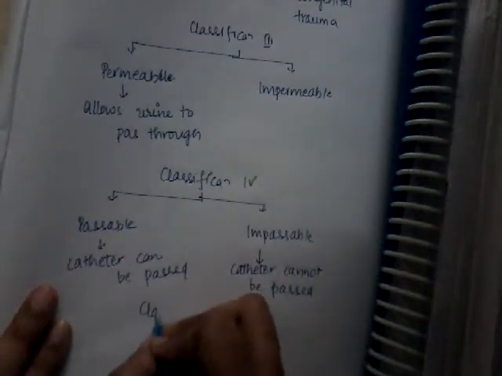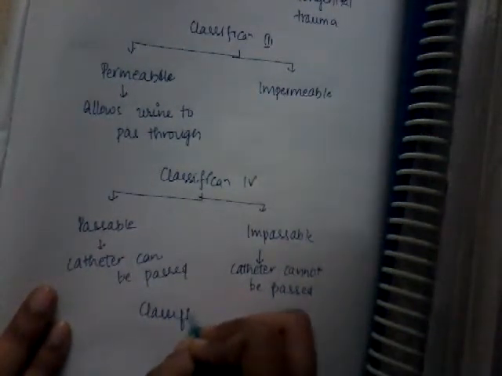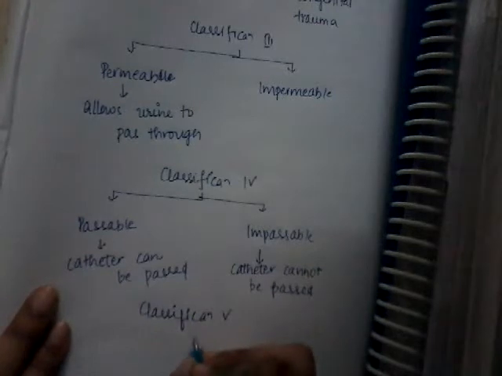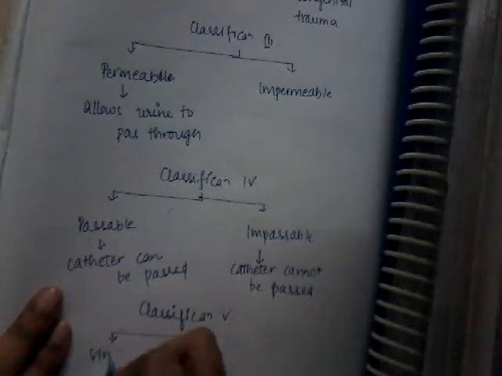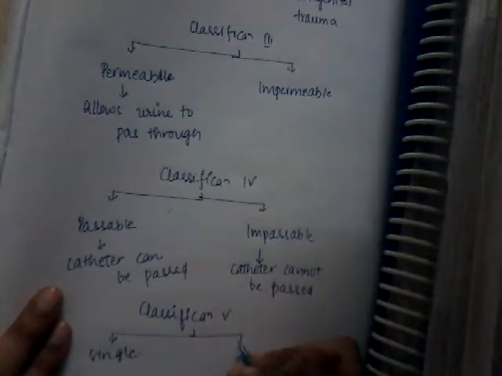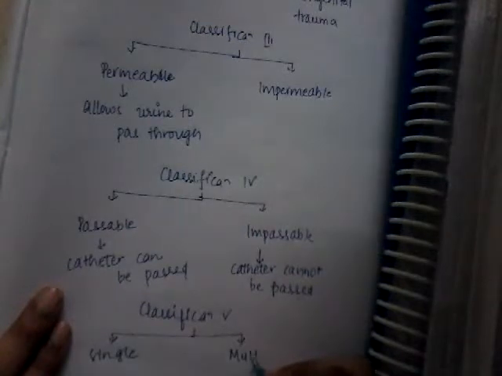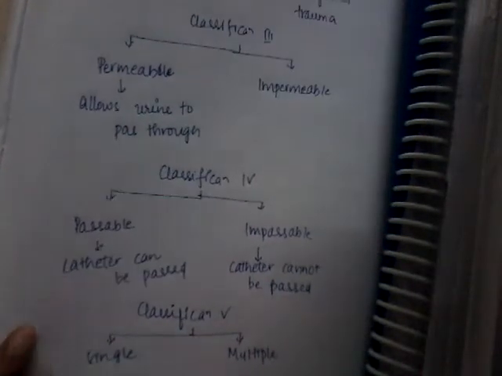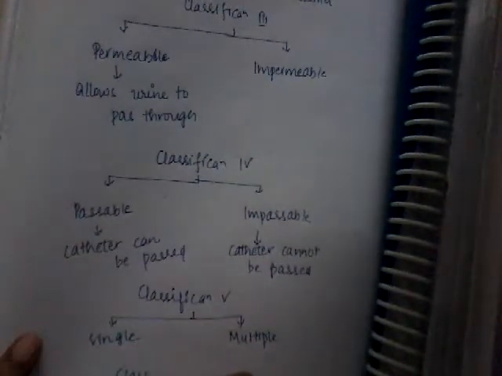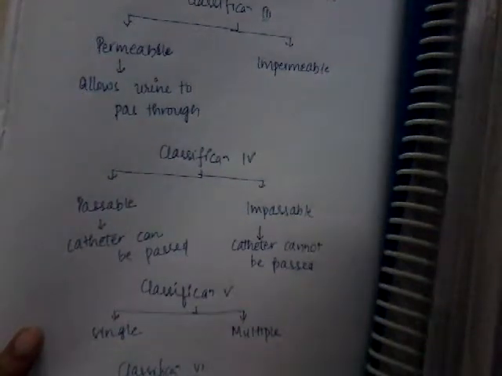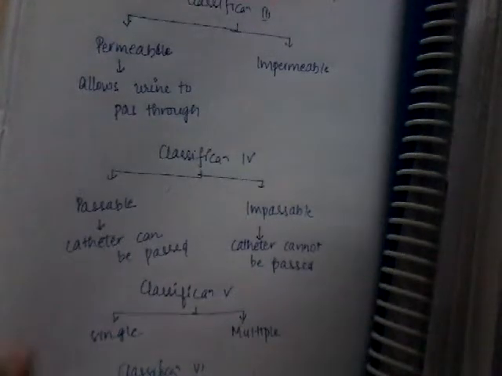Then the next classification, 5, which is single or multiple. And classification 6 includes whether the stricture is present at the floor or at the roof.